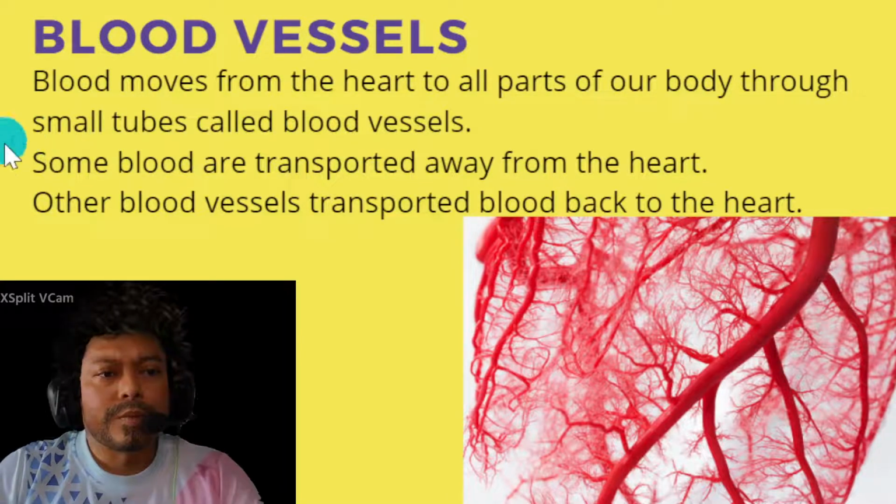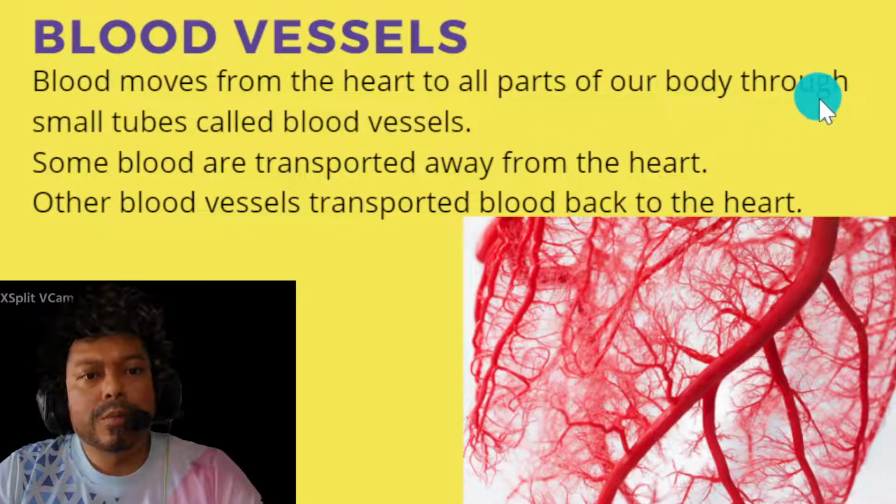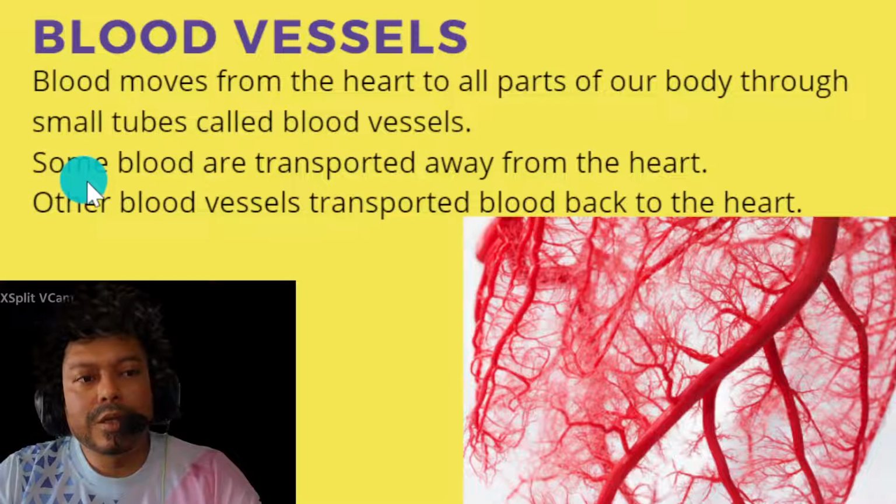Okay, let's check one more time. Blood moves from the heart to all parts of our body through small tubes called blood vessels. Some blood vessels transport blood away from the heart and other blood vessels transport blood back to the heart.